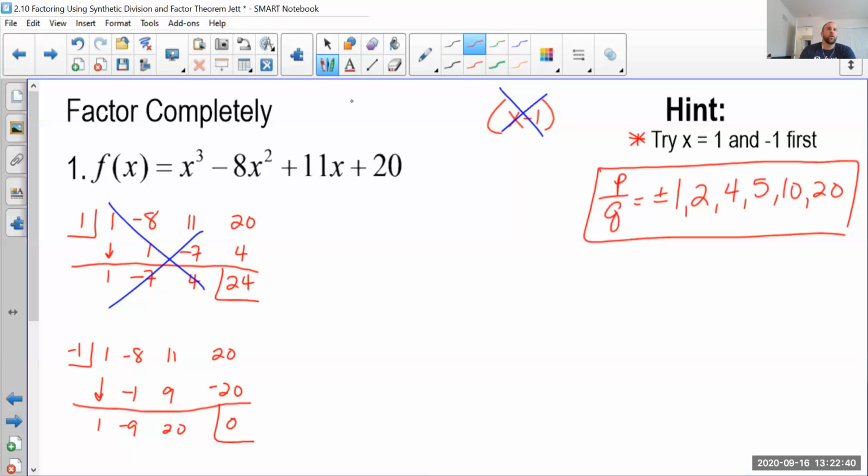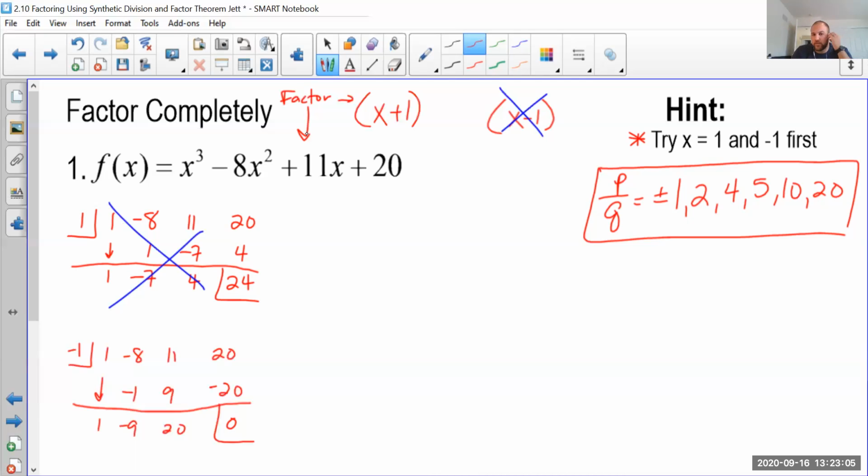And since it's -1, remember we use the opposite sign for the factor, that tells me that x plus 1 is a factor of this polynomial. I didn't have anywhere to start without my P's over Q's, but then my P's over Q's tell me to try 1 and -1.